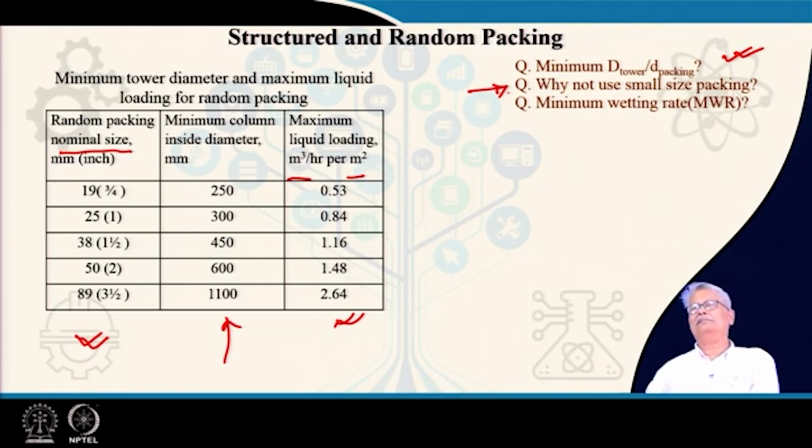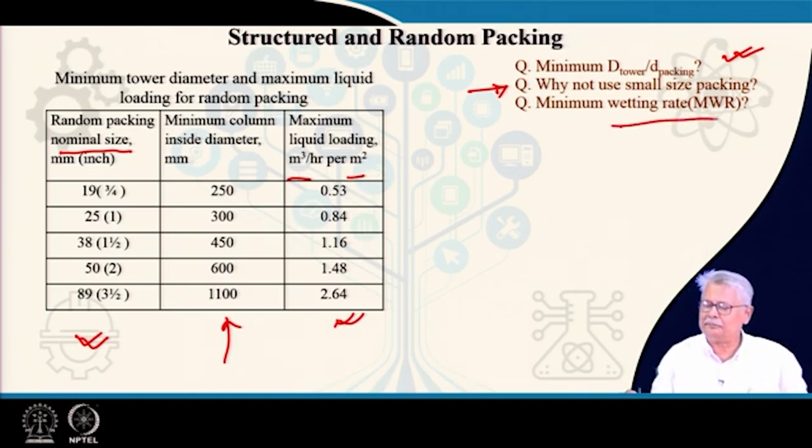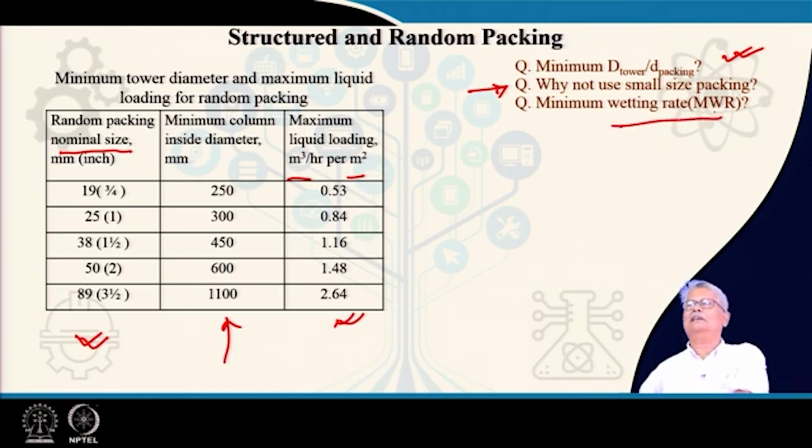There is something which is very important in case of wetting rate. In case of a packed bed, we already have said the rate of liquid flow is often guided by the distributor design. The range in which the distributor can distribute fairly uniformly is the range of operation of your packed bed.